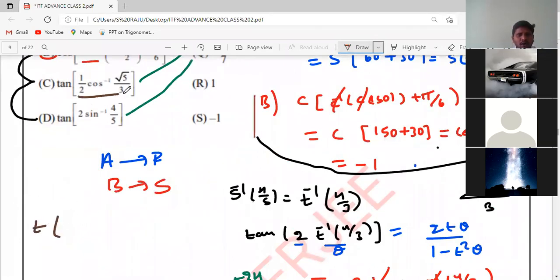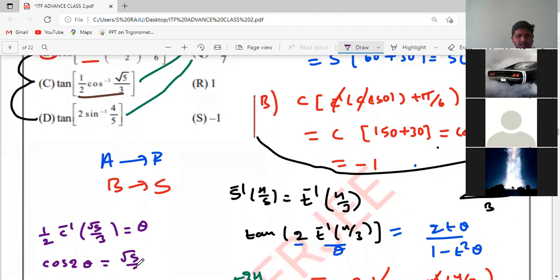This 1 by 2 cos inverse root 5 by 3, I want to consider as some theta. Let us see what will happen if we consider it as theta. 1 by 2 cos inverse root 5 by 3 is equal to theta. Then you can cross multiply 2 theta. Cos you can take, so cos 2 theta is equal to root 5 by 3.